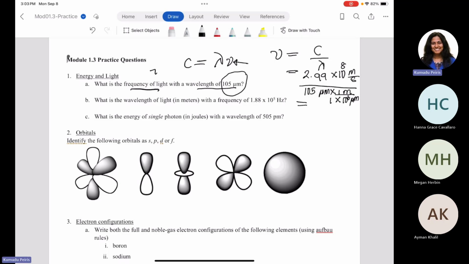So you can solve for the frequency of light as 2.86 times 10 to the 12th per second. That is the frequency of the light.